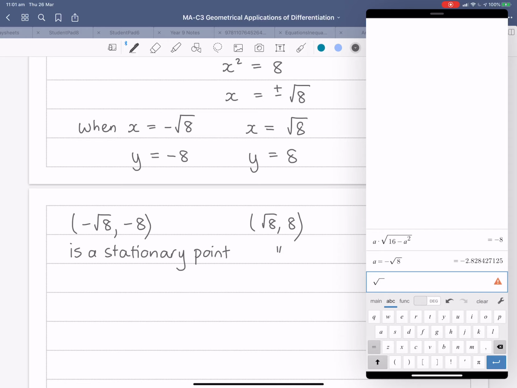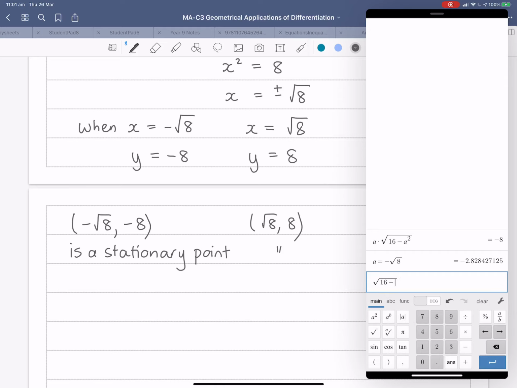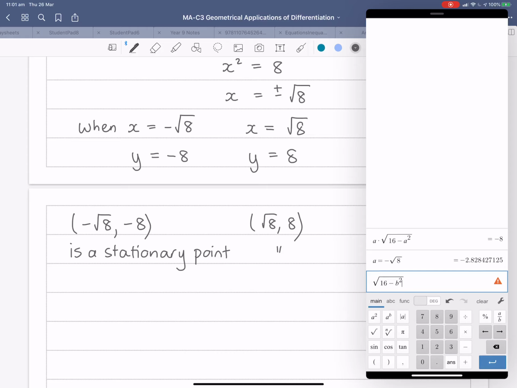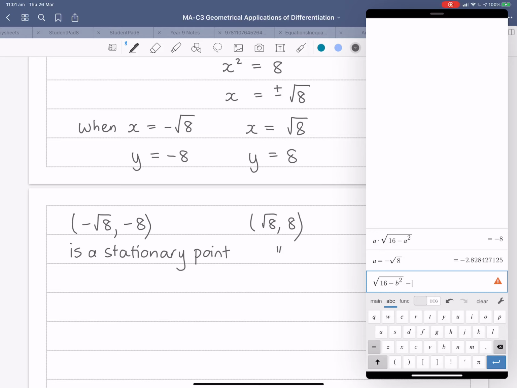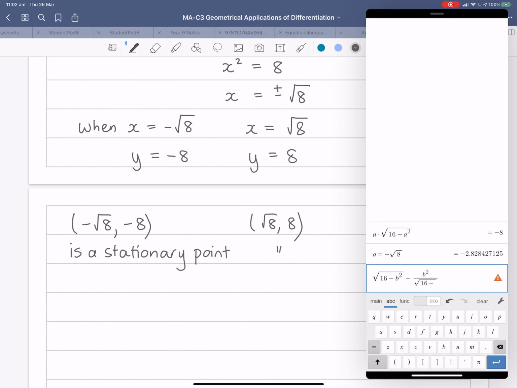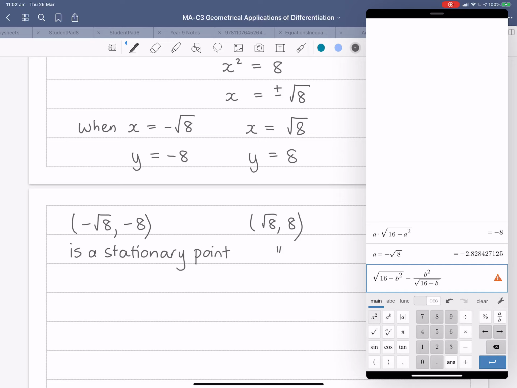So it's going to be root 16 minus b squared, minus, so whenever I see x, I'm substituting b, so b squared on, well, that was nice, and this is root 16 minus, and again b squared.